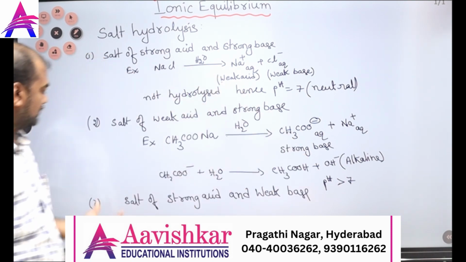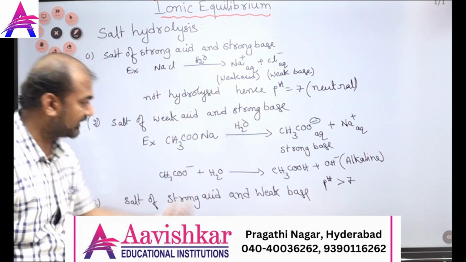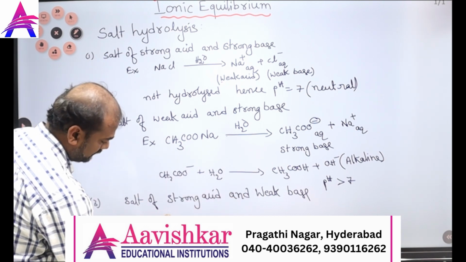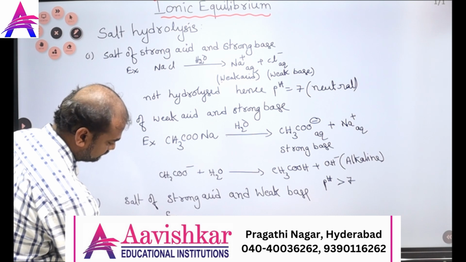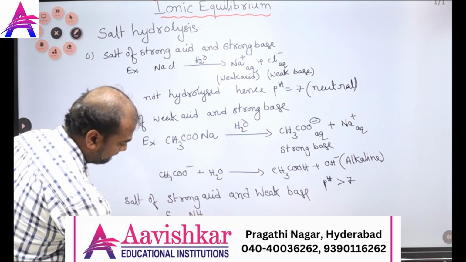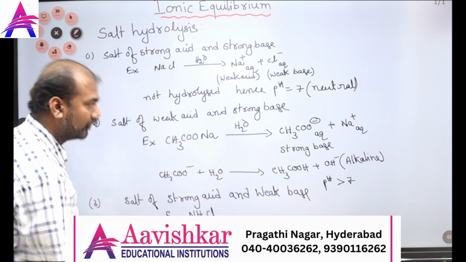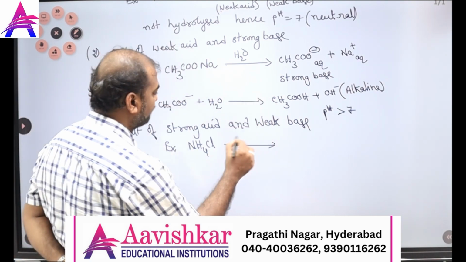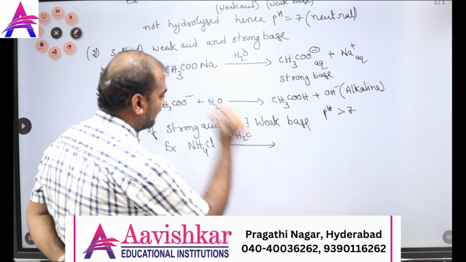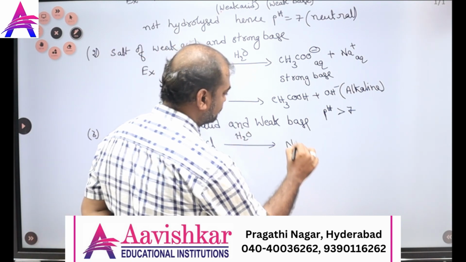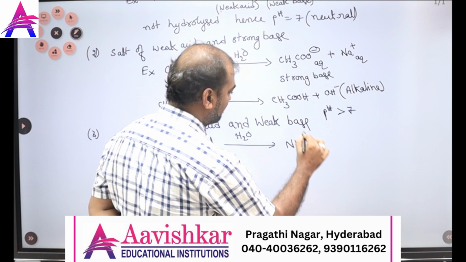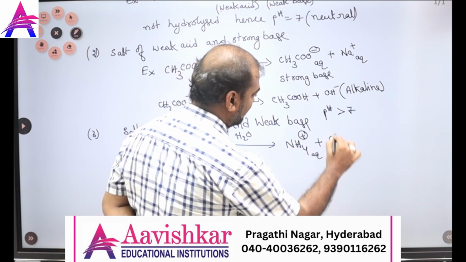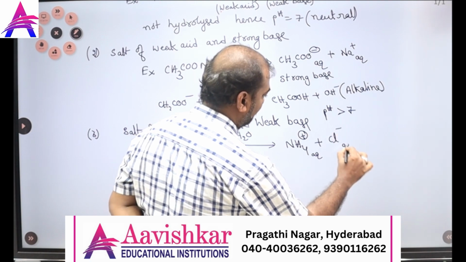The example is NH4Cl, ammonium chloride. When ammonium chloride is dissolved in water, two ions are formed: one is the ammonium ion NH4+ aqueous, and the second is Cl- aqueous.